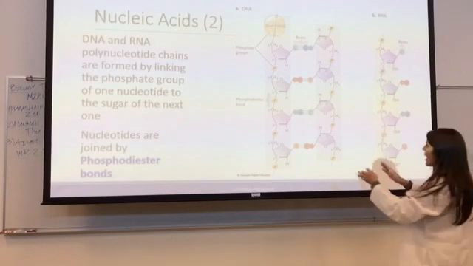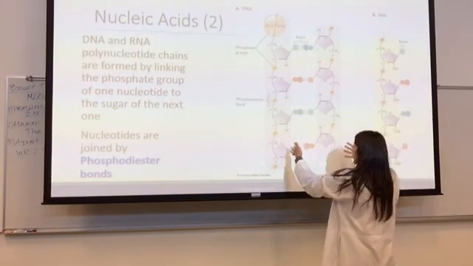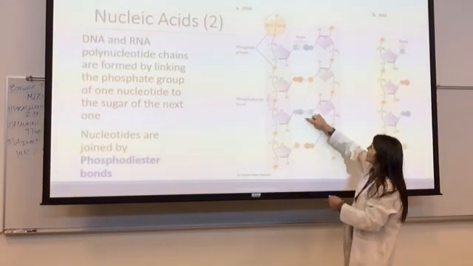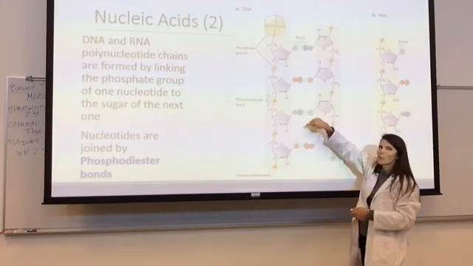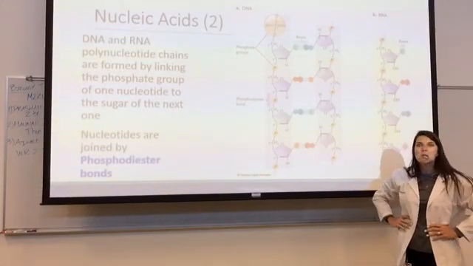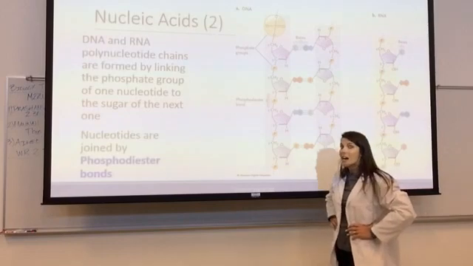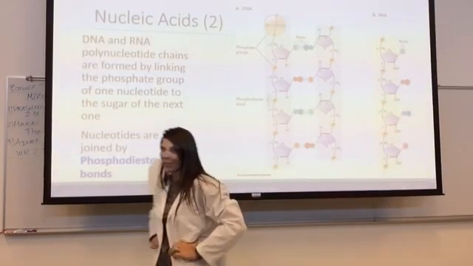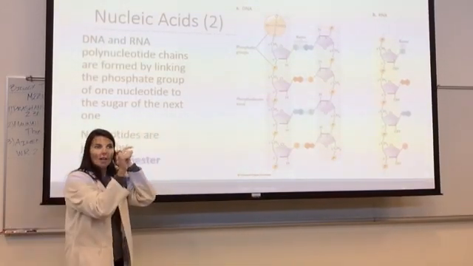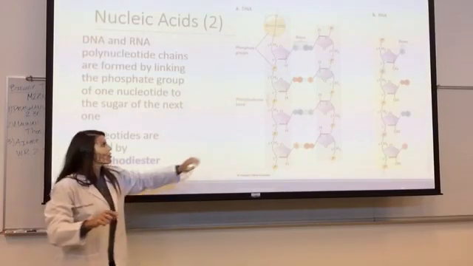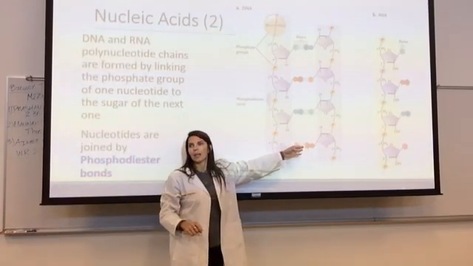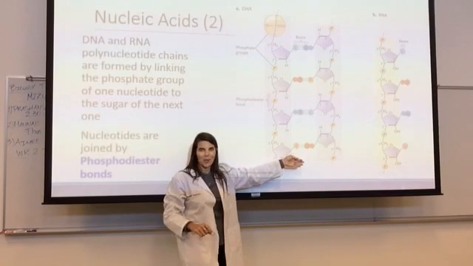DNA has two strands, and these two strands are held together by these bonds. Do you remember what these bonds are? They're hydrogen bonds. How do you know? Dot, dot, dot, dot, dot. Are these strong or weak?